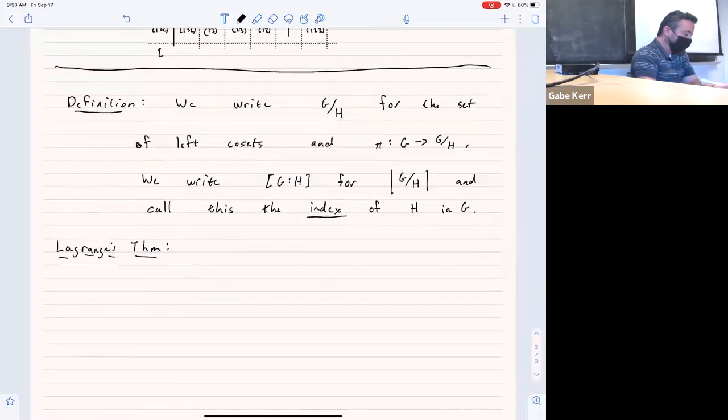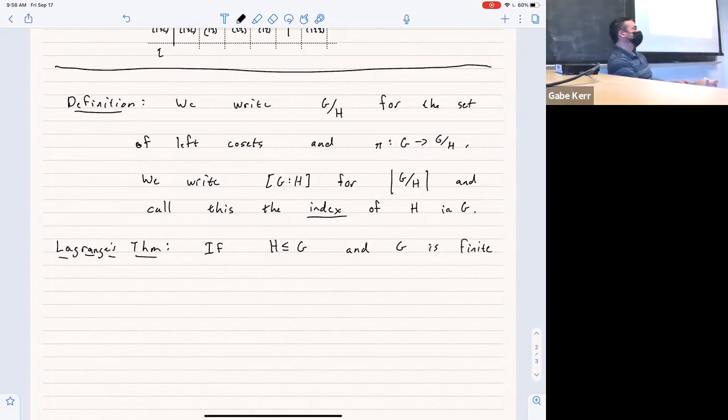All right, so Lagrange's theorem. If we have a subgroup H of G, and G is finite, think of the symmetric group, or the finite cyclic group.